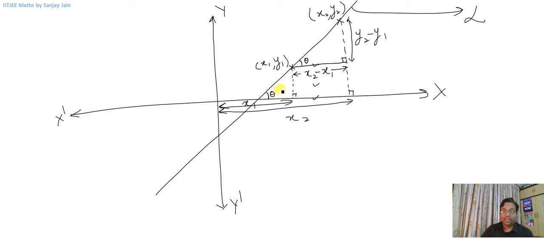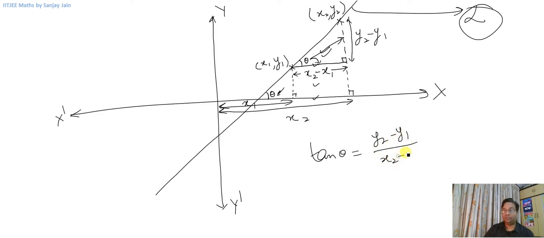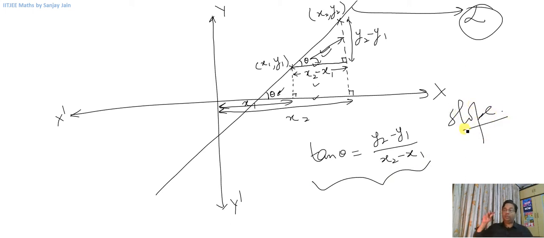Now tan of this angle is going to give me the slope of line L. So what will be tan of theta? Let us look at it in this triangle. Tan of theta is opposite by adjacent, that is y2 minus y1 divided by x2 minus x1. So this is the slope of a line when 2 points on that line are given to us, right?